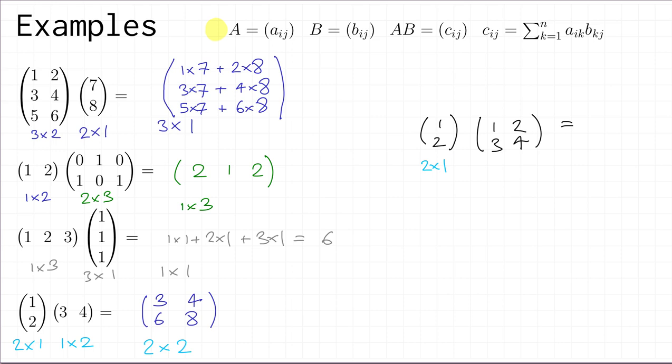So this time we have a 2 by 1 matrix, which we're trying to multiply into a 2 by 2 matrix. All right, this one is not allowed. This is not a legitimate matrix multiplication because the dimensions don't match up. So if you want to multiply 2 matrices, the number of columns in the first one must be the same as the number of rows in the second one. That doesn't apply here, so you're not allowed to multiply them.